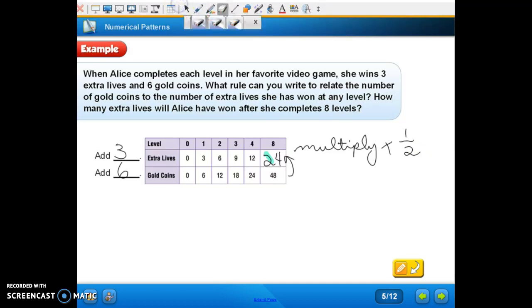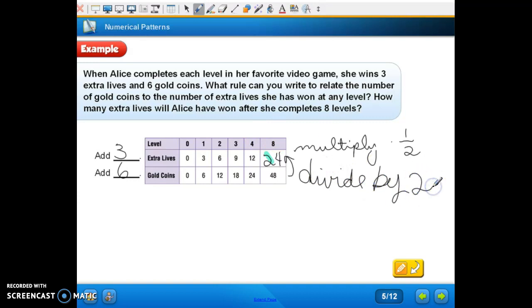We can multiply 24 or 48 by 1/2. Now, if we want to divide, then we would divide by what? 2.